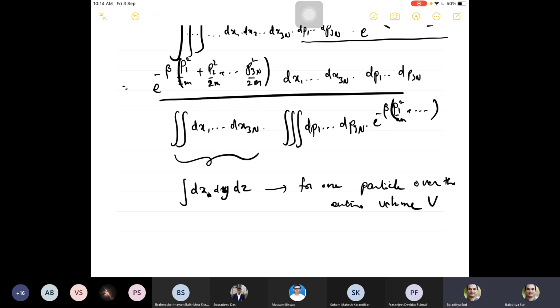Integral dx dy dz. What is it? It should be equal to V, the total volume, right?